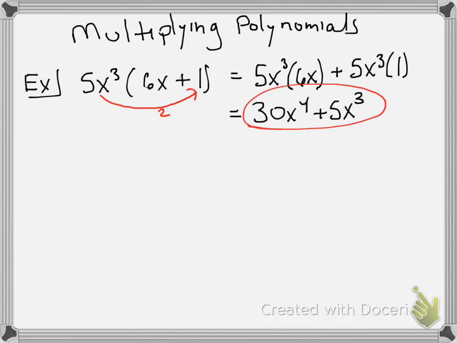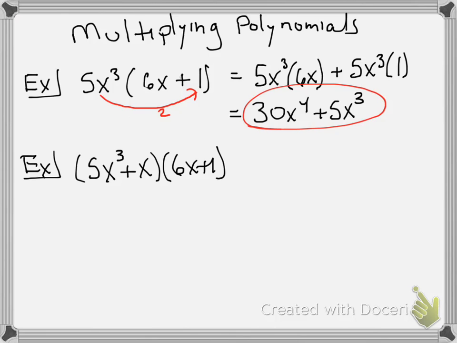Let's look at a slightly more complicated example. This is multiplying two what are called binomials, because there's only two terms in there. You'll see these a lot, particularly in later chapters, but I'm not going to give it any special names. Let's just go over this in general. What we want to do here is multiply each term in the first polynomial by each term in the second polynomial.